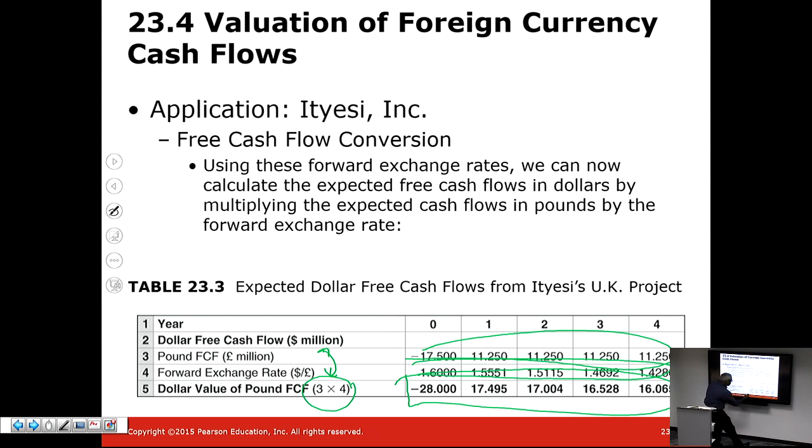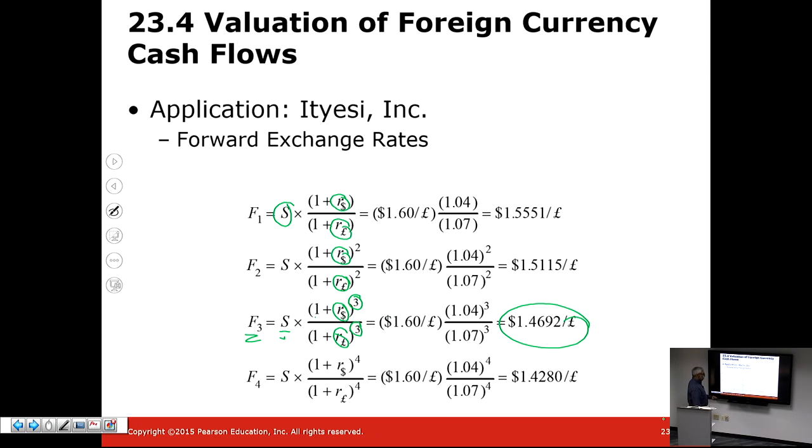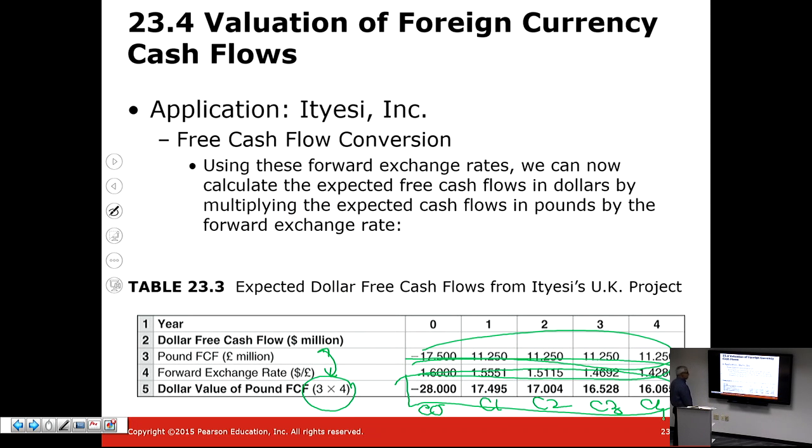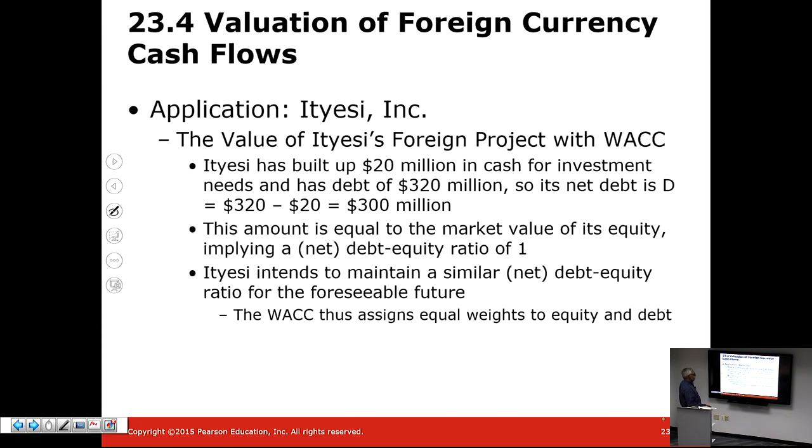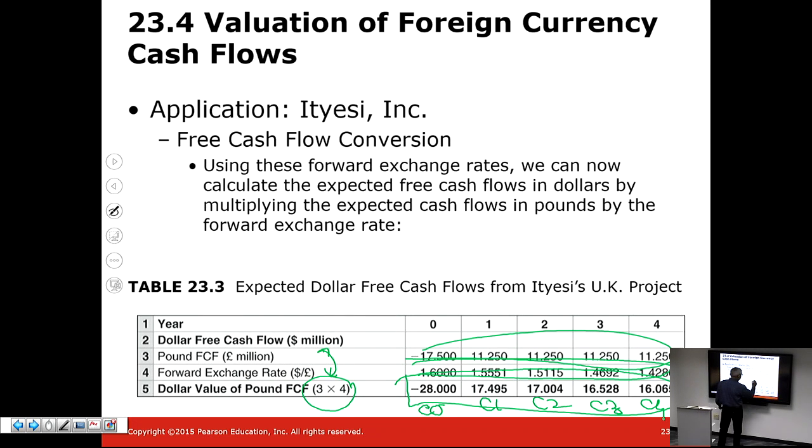So this would be your C0, C1, C2, C3, C4, and you will discount those at the dollar interest rate. And you already know what the dollar interest rates are. You will discount them at the weighted average cost of capital that we had learned earlier in dollars, and you will be able to calculate the present value of this British project in US dollar terms.